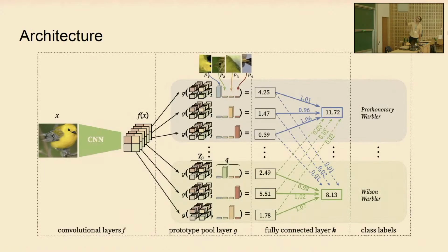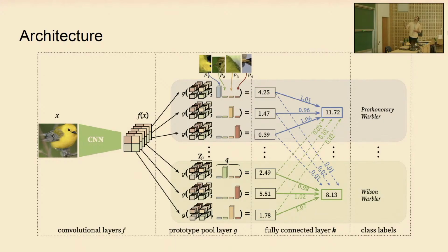So here you can see how it works. It's quite complicated, but I think the most important thing to say here is that there is a pool of prototypes, and there is a number of slots for each class.